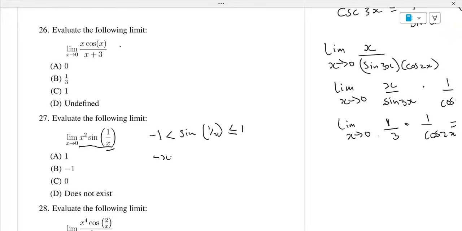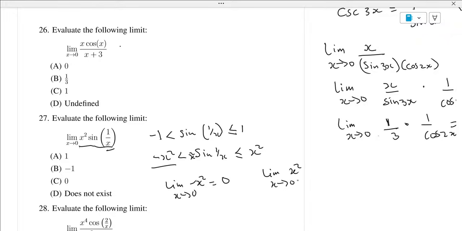So we have negative x squared less than x squared sine 1 over x less than x squared. Now I evaluate the limit as x approaches 0 of x squared, and we have 0. Then we do the same thing for negative x squared, and we have 0. Since they are both giving me 0, the answer is 0. So it's C.